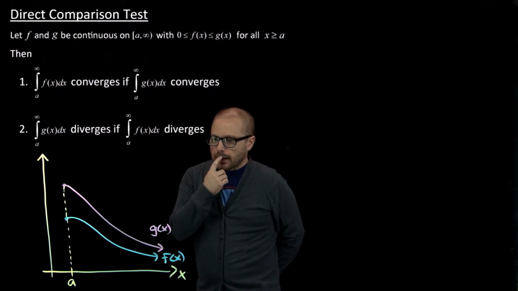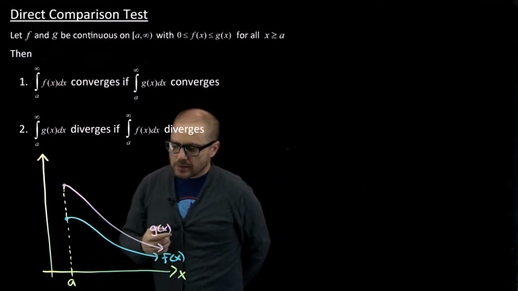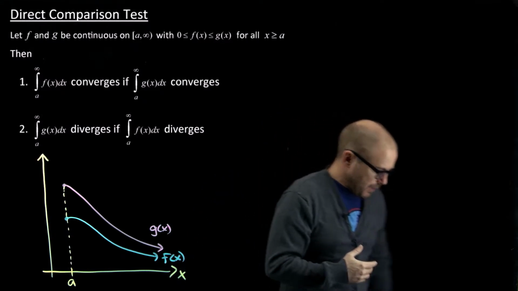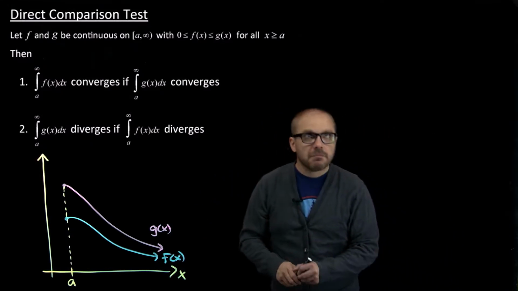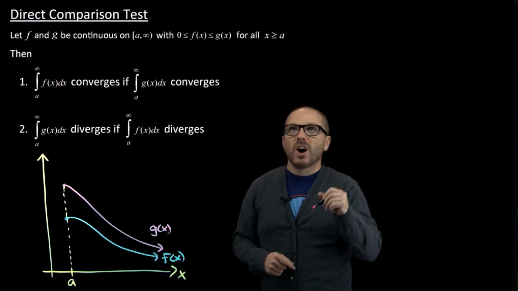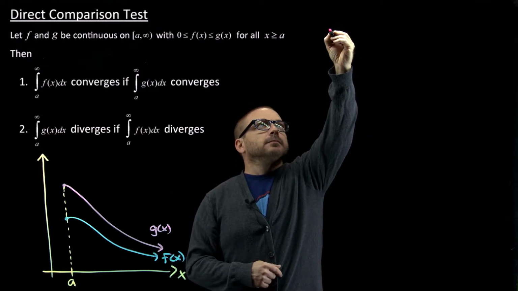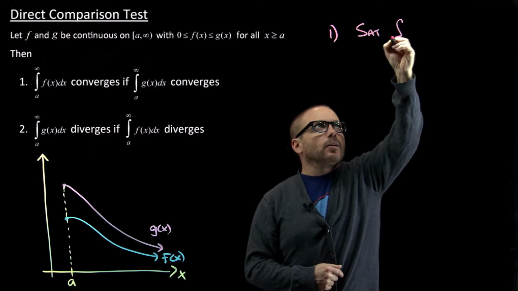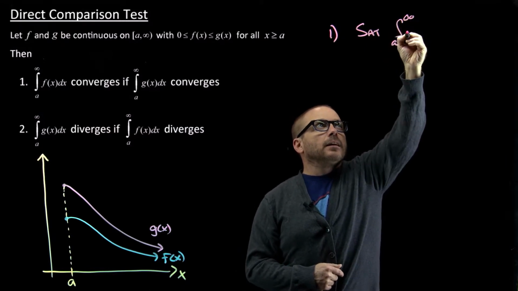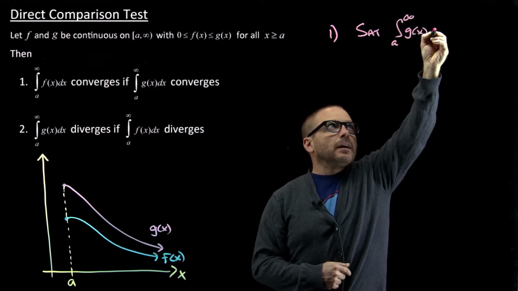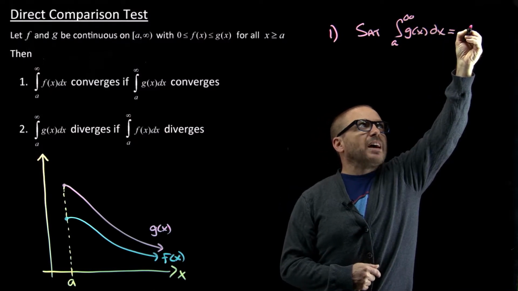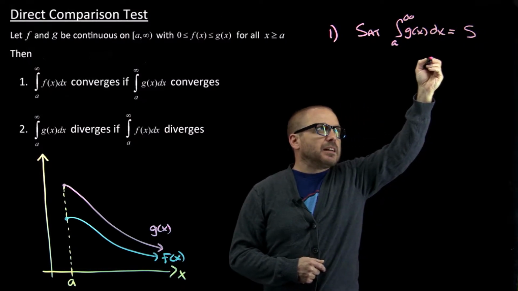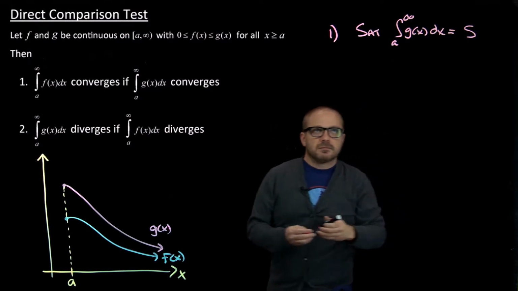So let's just give it a value. For number 1, let's say that the integral from a to infinity of g of x actually equals some value s.